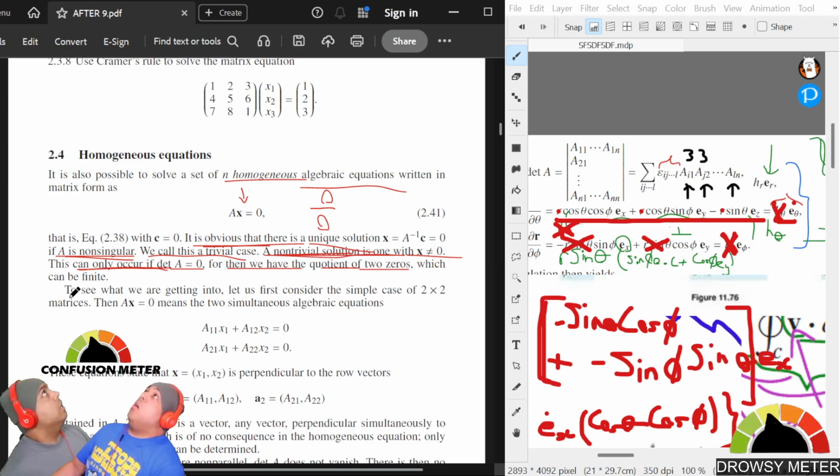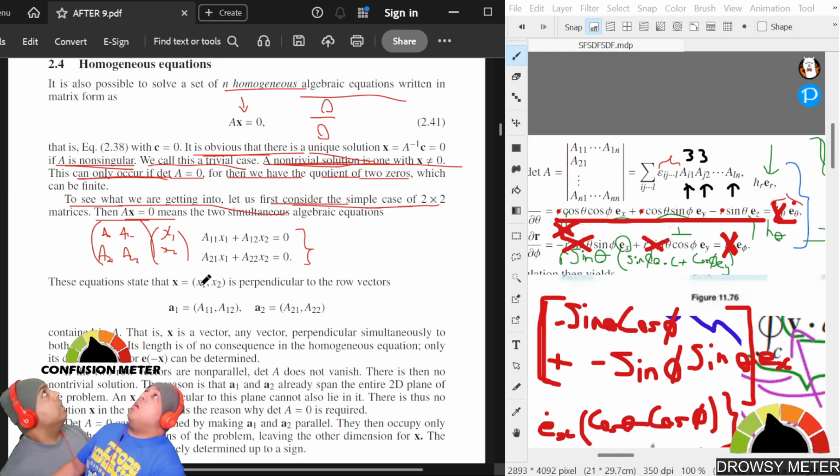It's weird. To see what we are getting into, let us consider the simple case, 2 by 2. Then Ax equals 0 means this: A11, A12, A21, A22 times X1 and X2. Good.